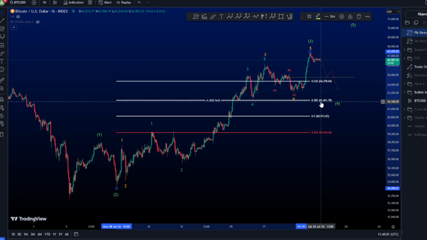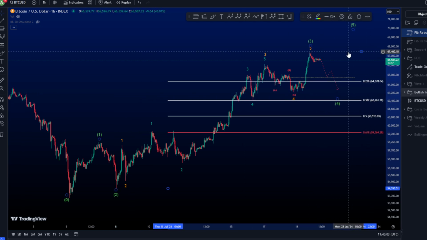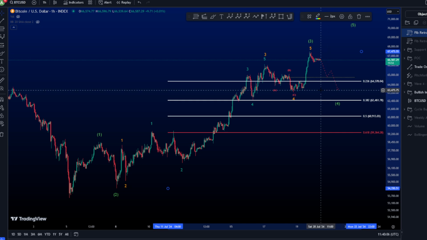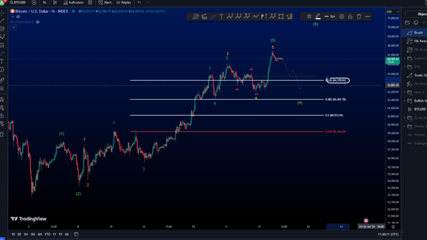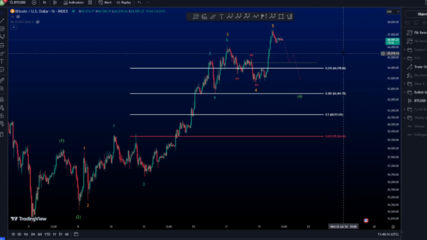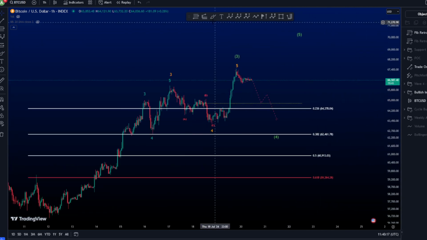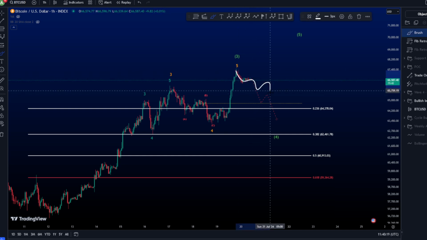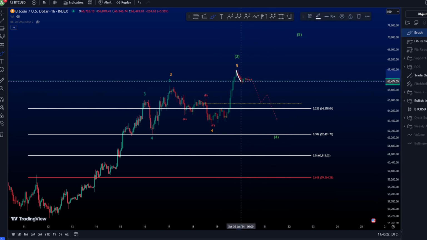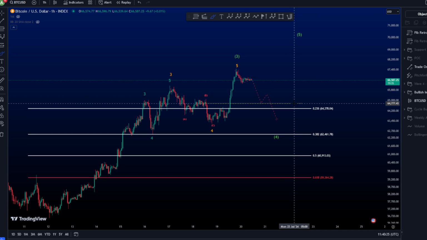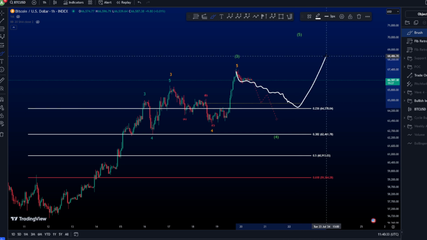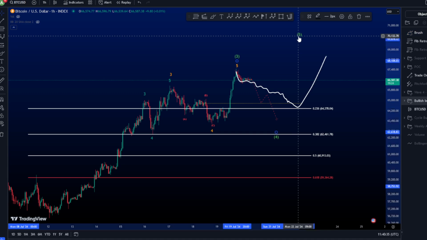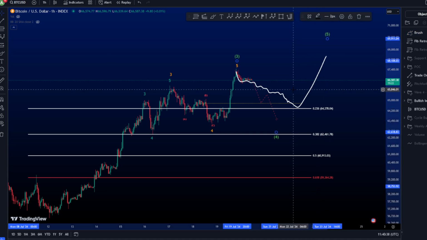However, let's say this is a 23 Fibonacci retracement, which is gonna be almost at 64,378. Okay, and we are expecting a sideways, or maybe a flat, or a triangle. Maybe during this weekend it's just gonna grind down until Monday, and then on Monday explode again in the wave 5, right?